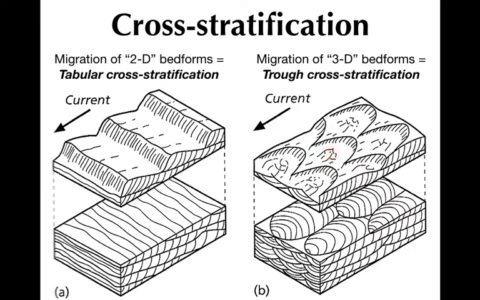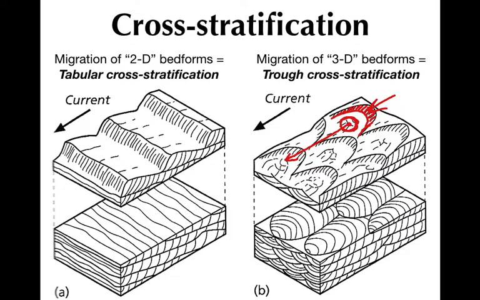And so what happens as the current pushes these bedforms in this direction, as they migrate that way, the sediment that is being deposited on this downstream side of the dune ends up filling up this erosional pit, and you basically dig a scour that migrates in the direction of current, and then the cross beds migrate over the top of it.